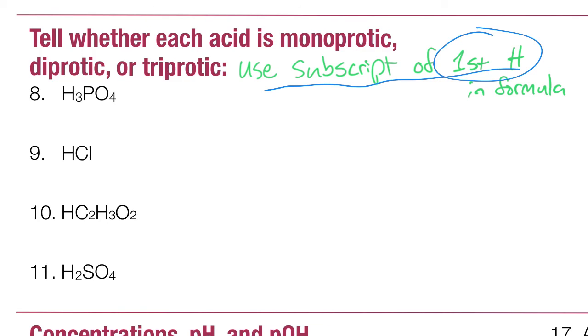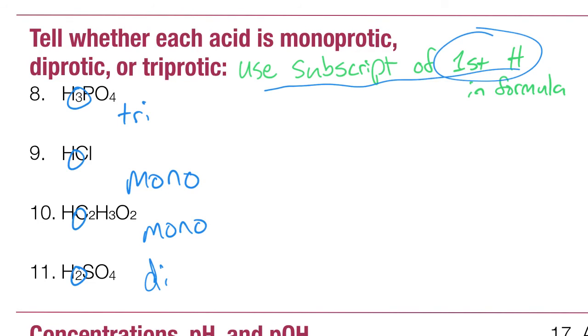If there's another H, don't worry about what its subscript is. Just look at the H at the beginning. So I've got a 3, a nothing, which is an understood 1, another understood 1, and a 2. And that tells me what my answer is. If it's got a subscript of 3, it's triprotic. Subscript of an understood 1 is monoprotic, and subscript of 2 is diprotic.